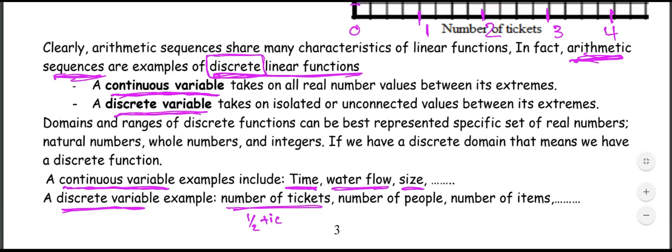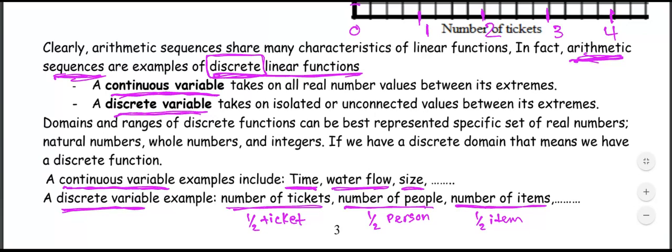You don't need rationals to represent the variable. Number of people. We don't have half a person. So we don't need rationals to represent the number of people. Number of items. We don't talk about half an item. It's one item or two items or three items.